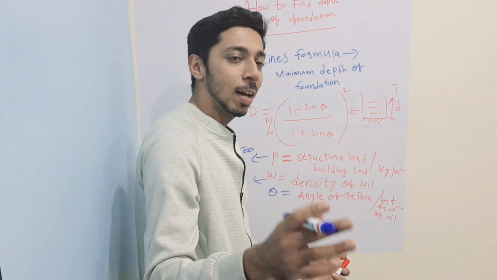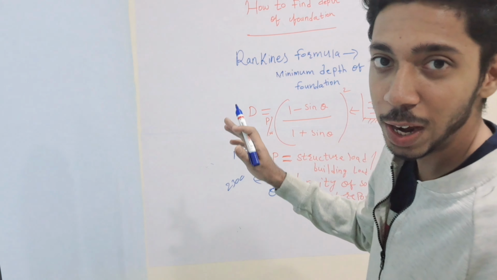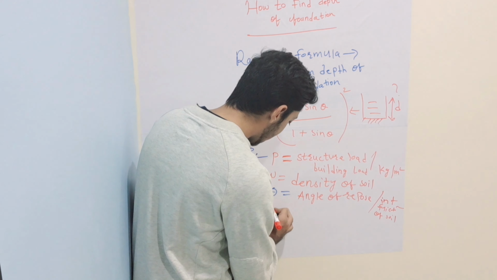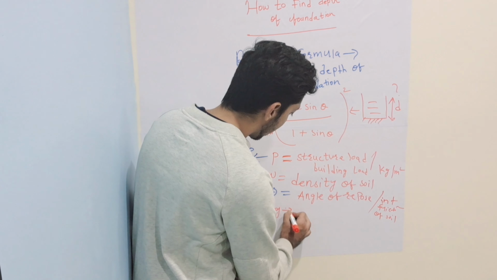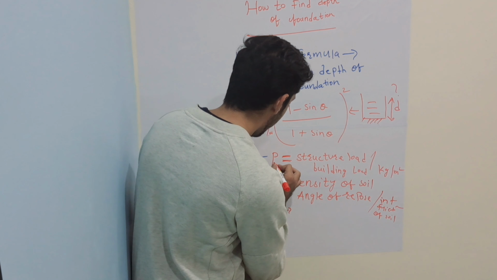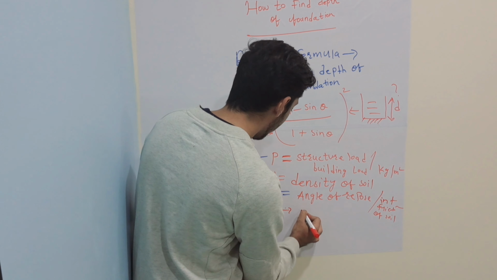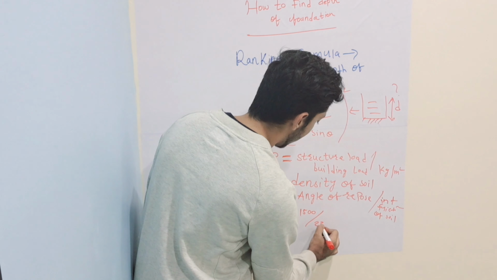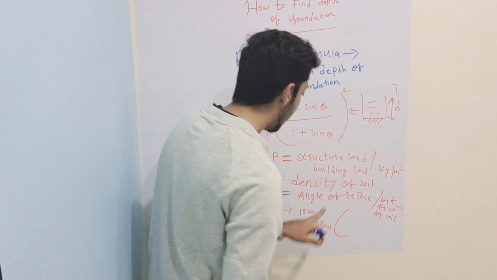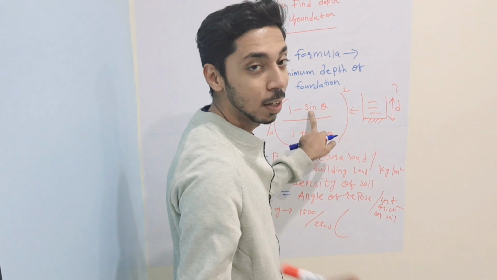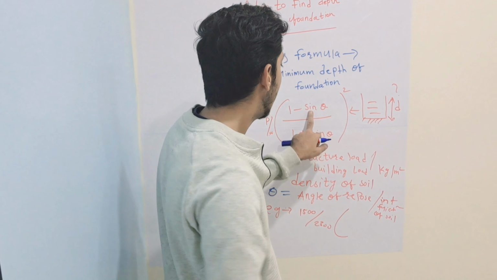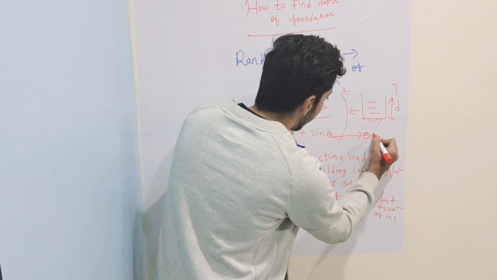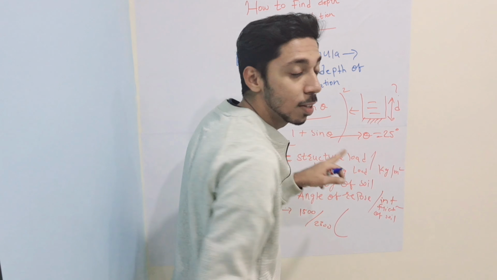Now I will take an example for solving a problem. See it very carefully. The formula is P by W, so D is 1500 divided by 2300, brackets 1 minus sin theta, I will take theta as 25 degrees.